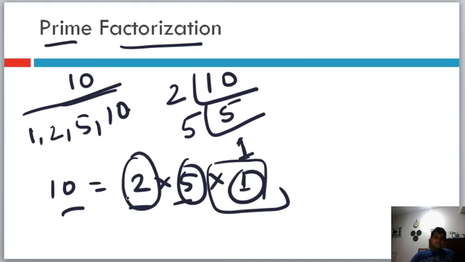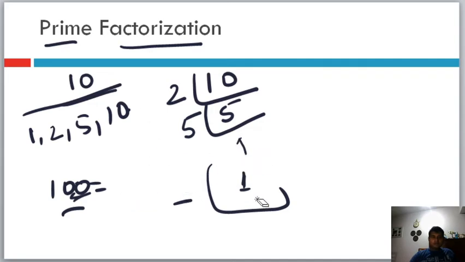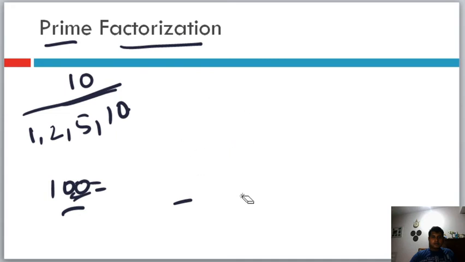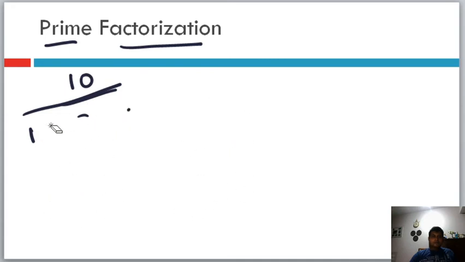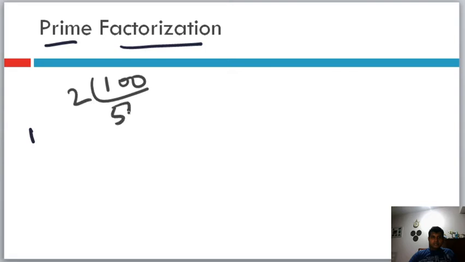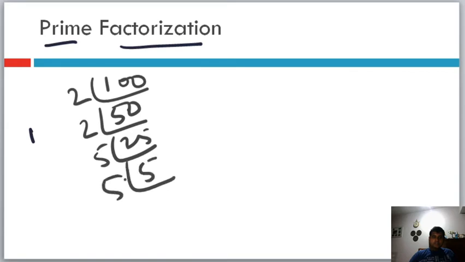Now in certain cases, let's say this number was 100. Let's take 100. We start with 2. It will be 50, then again 2 it will be 25, then 5 it will be 5, and then again 5 it will be 1.